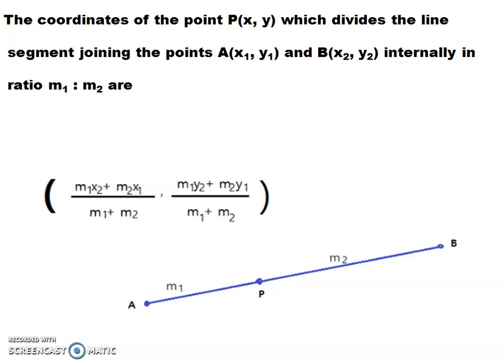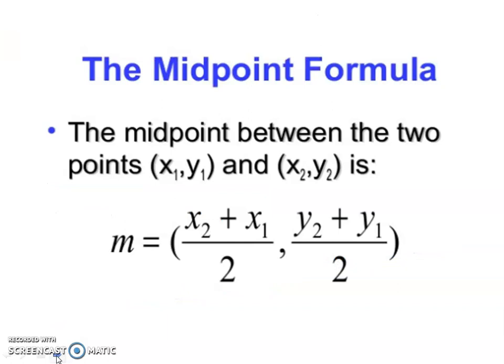Now, let us see a special case in this formula. What happens if the point P is exactly at the center of the line? Such a formula is known as the midpoint formula.